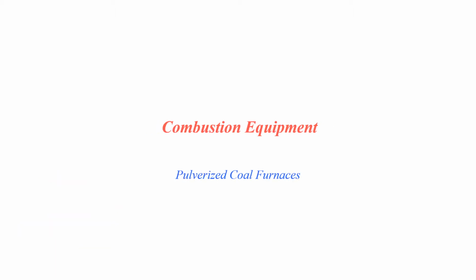So now we will talk about pulverized coal furnaces. Pulverized coal furnaces are different in the way that they use crushed coal or powdered coal, which is also called pulverized coal, again, as explained with the name.